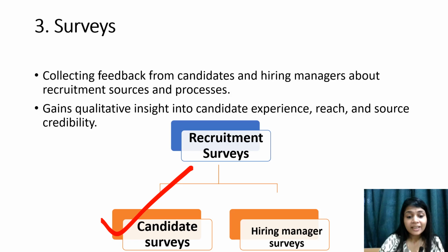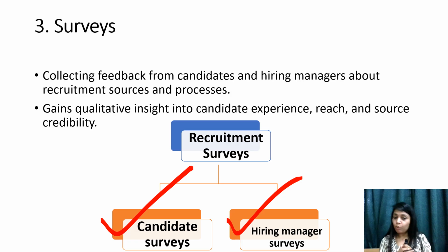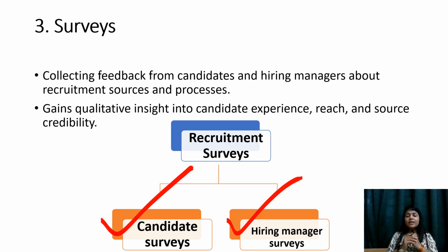One is the candidate survey, and the second one is the other side of the table, which is the hiring manager survey. Candidate survey is like asking how they learned about the job, how smooth the process was, or their perceptions about the employer. When we talk about the hiring manager survey, we ask about the fit, quality, and readiness of the candidate from each source.